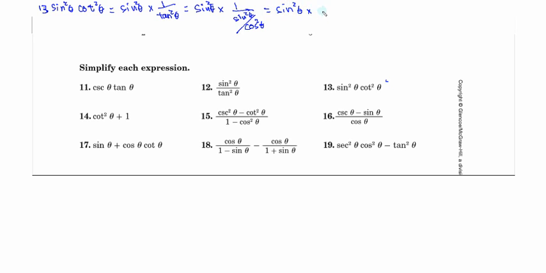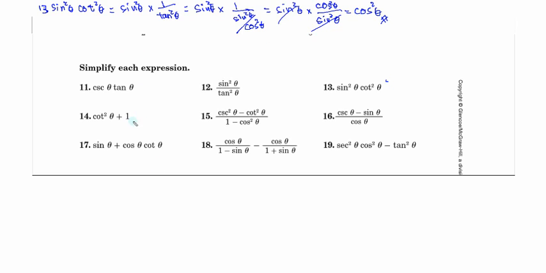Now you turn this upside down, because you are dividing by a fraction, so this becomes cosine square theta over sine square theta. You can cancel this. You end up with cosine square theta. So that would be the simplest way of simplifying this.